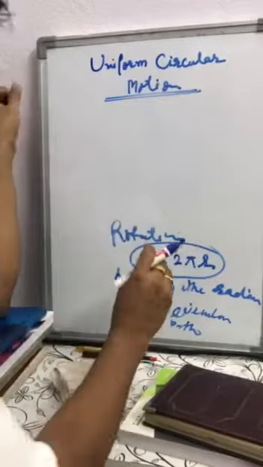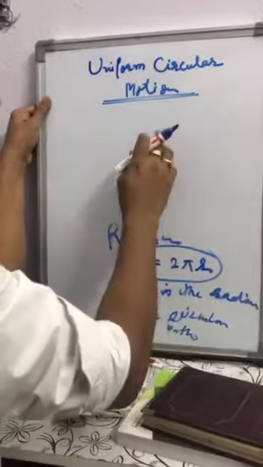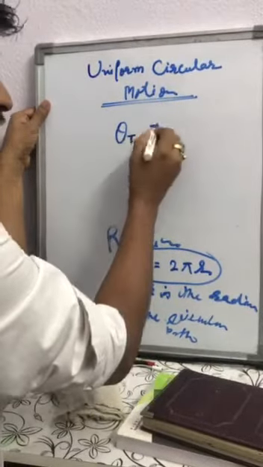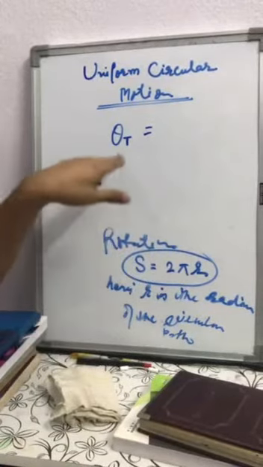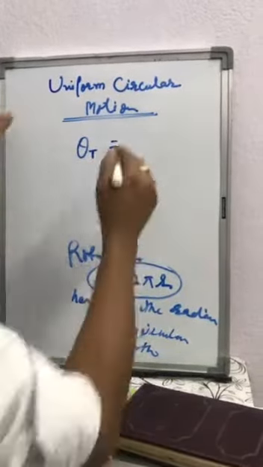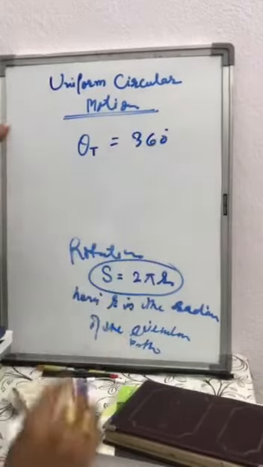Now for one complete rotation, the total angular distance, theta total, is equal to 360 degrees.